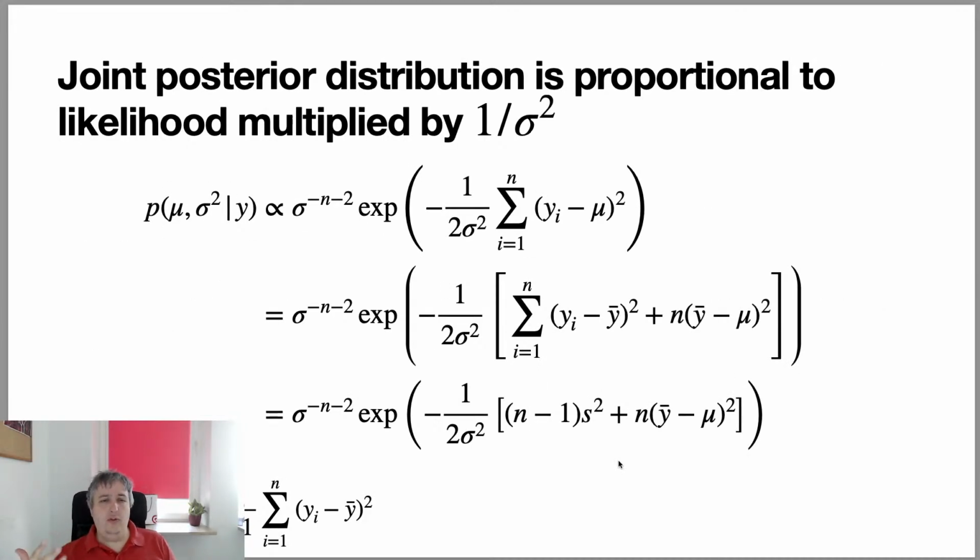And that, using multiple computations, allows us to create a joint posterior distribution which is generally proportional to the likelihood just multiplied by sigma squared.